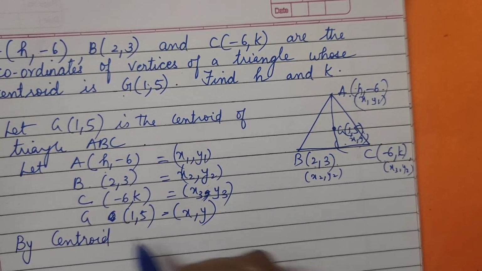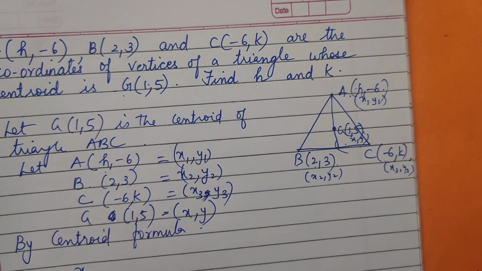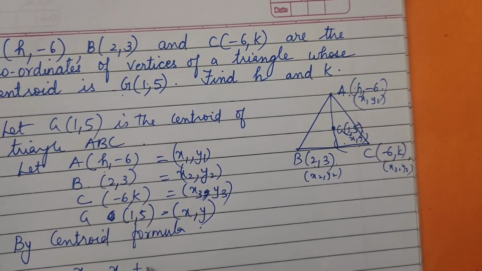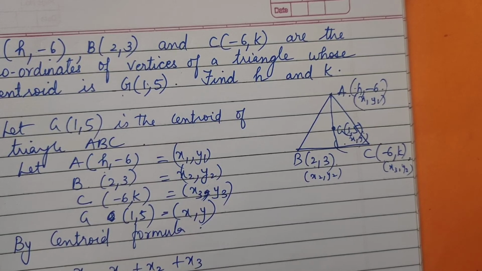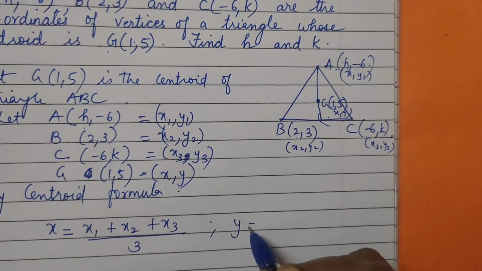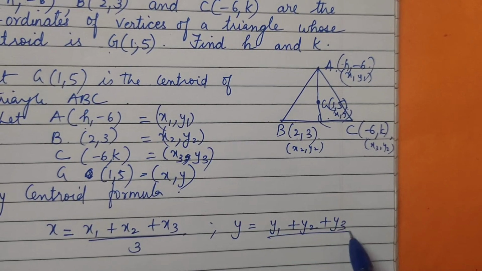Yes, recollect it. What does the centroid formula say? That is x equals x1 plus x2 plus x3 upon 3. Similarly for the y coordinate also, y equals y1 plus y2 plus y3 upon 3.